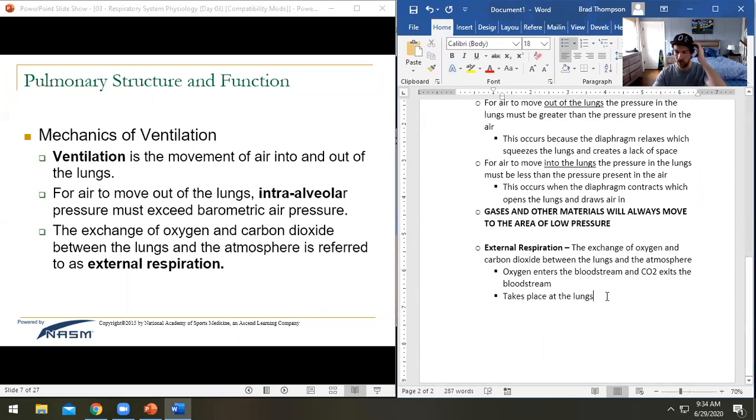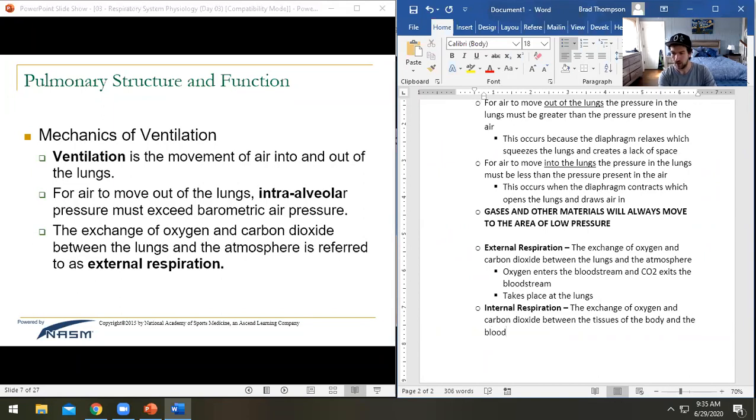Okay, and then we have internal respiration, which is the exchange of oxygen and carbon dioxide between the tissues of the body and the blood.